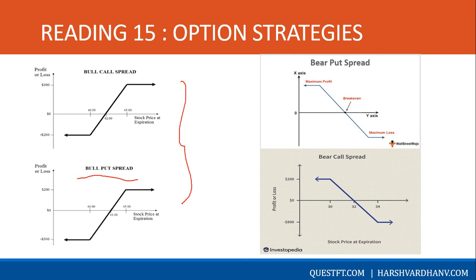See both the diagrams. The payoff is exactly the same because over here you are bullish. Here you are bullish. Again the same logic. When you are bullish, you will sell the strike if you are using the put option. So you will sell the put option at the higher strike and buy a put option at the lower strike.